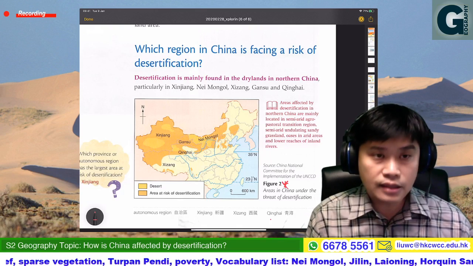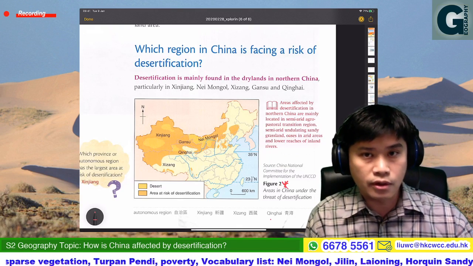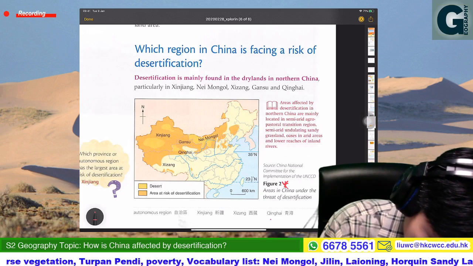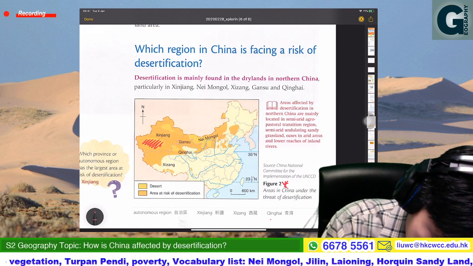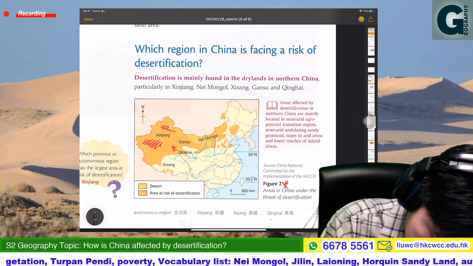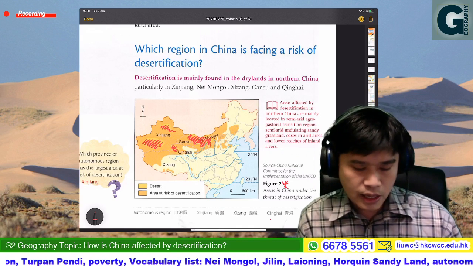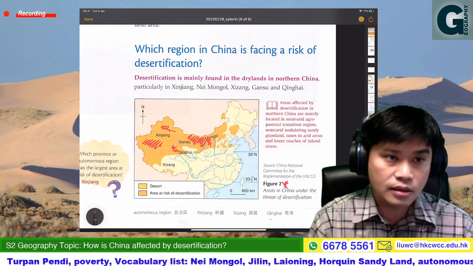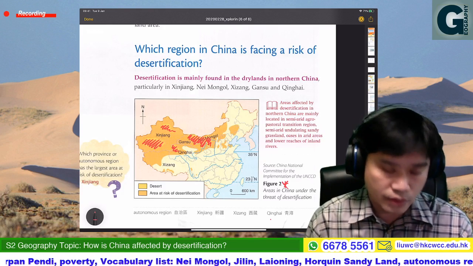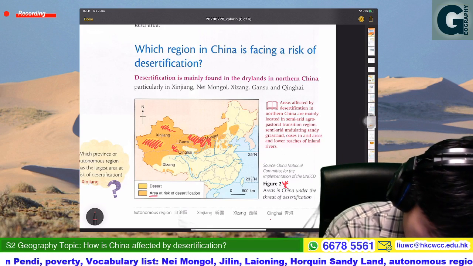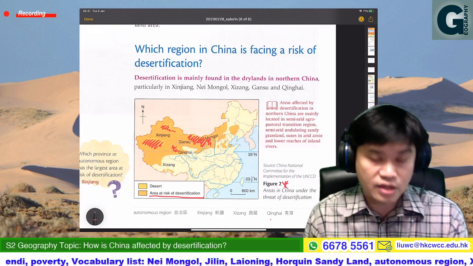You can see that that would be the distribution of the country. Here that would be the Gobi. And for the rest, the orange area is the area at high risk of desertification.